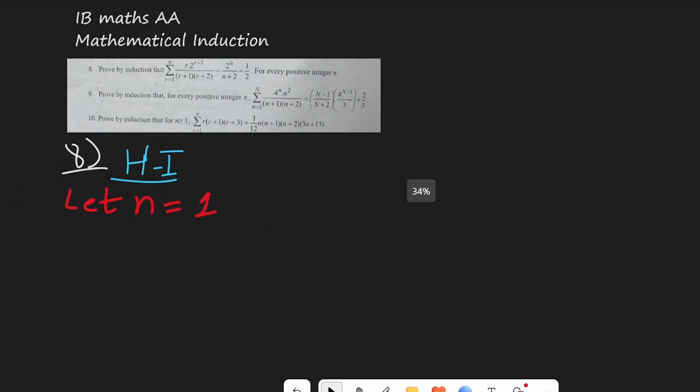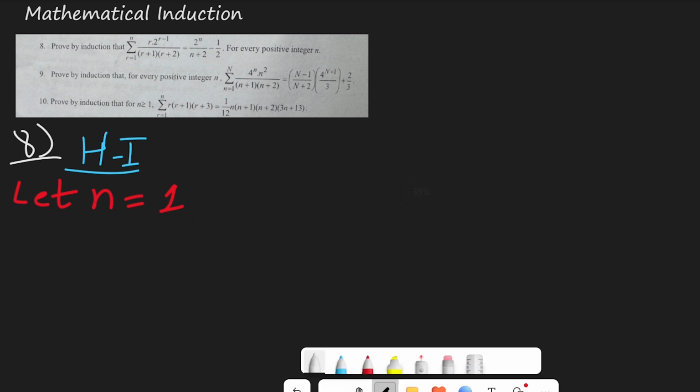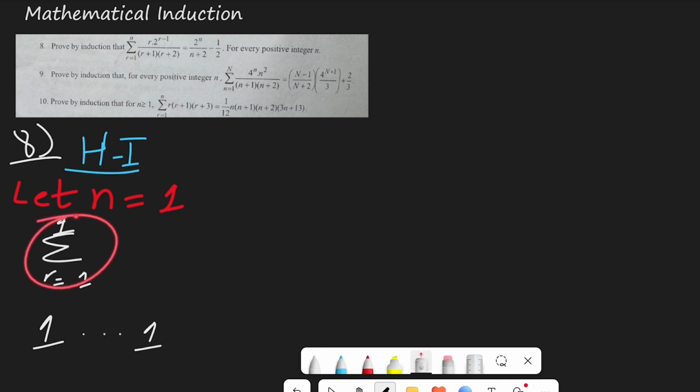Okay, let's do it. So first of all, the sigma sign. So the sigma sign would be replaced, because when we have r equals 1, and a 1 above instead of n, that means we start from 1 and end at 1. That means that this sign over here is meaningless.